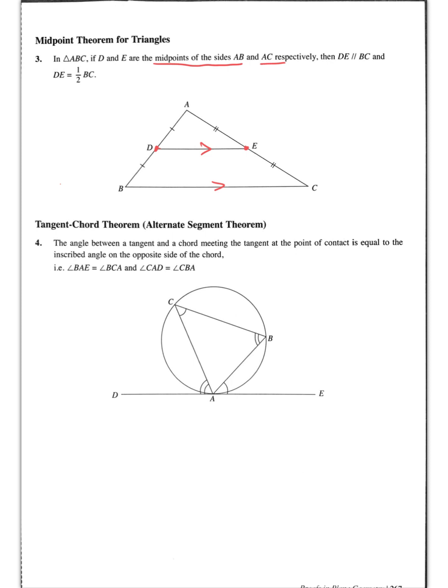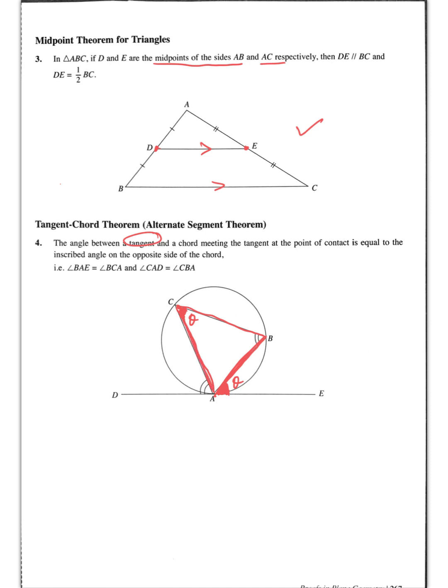Okay, right. Tangent chord theorem or alternate segment theorem, all of you should know, and you need to be very clear about this. As long as you have a circle and you have a tangent, so when you see the word tangent, please be alerted. And then you have a triangle inside the circle. There can be many triangles, so you need to be careful. So you have this angle, let's say this is angle theta, then this angle will be equal to theta as well.